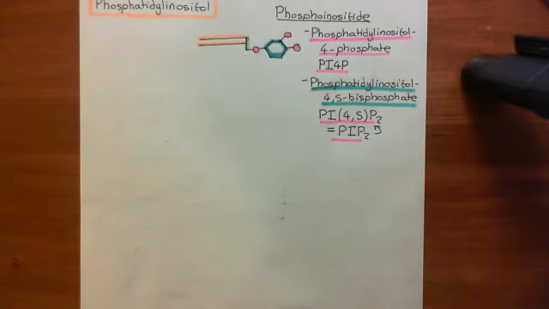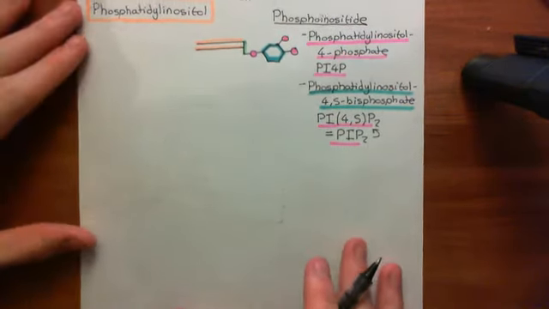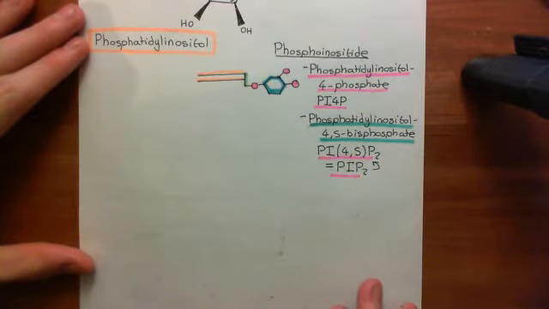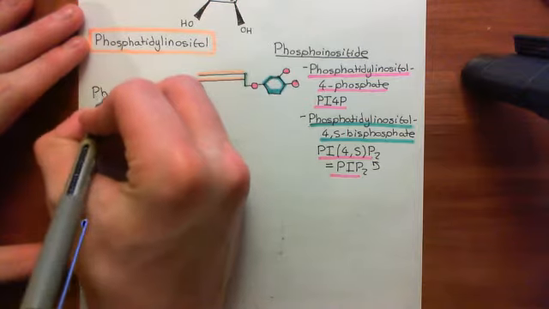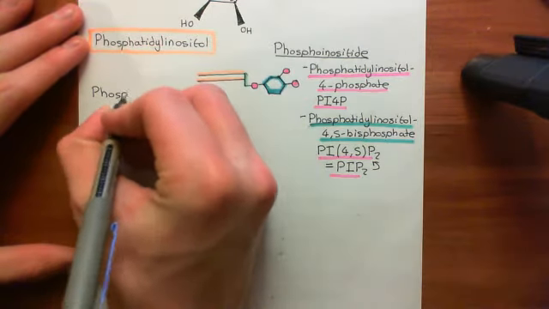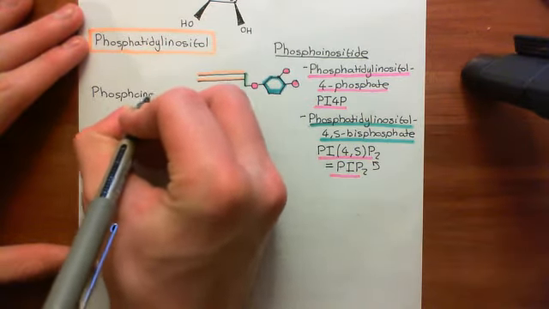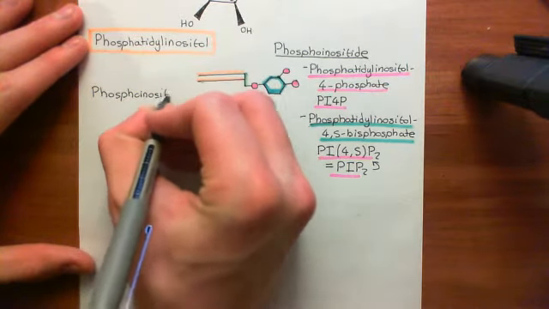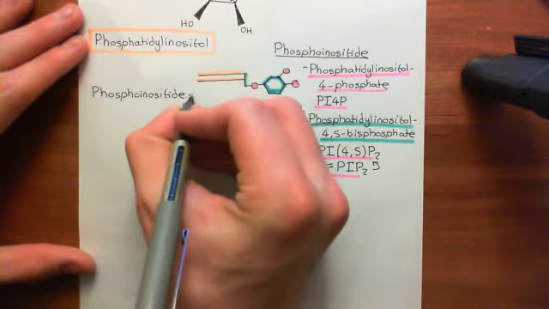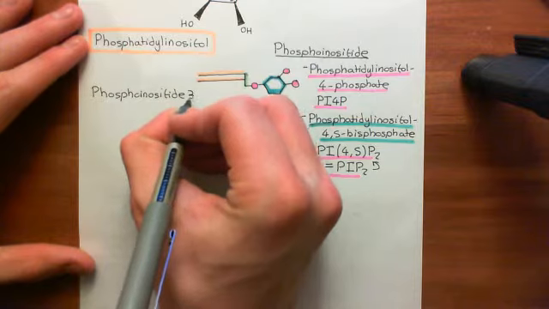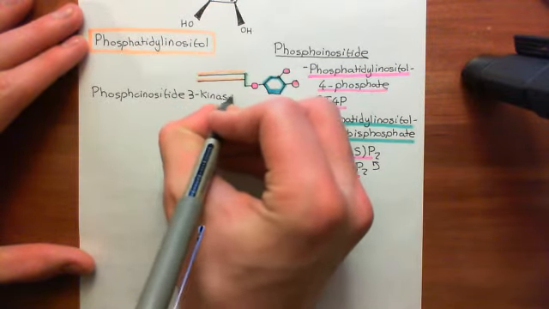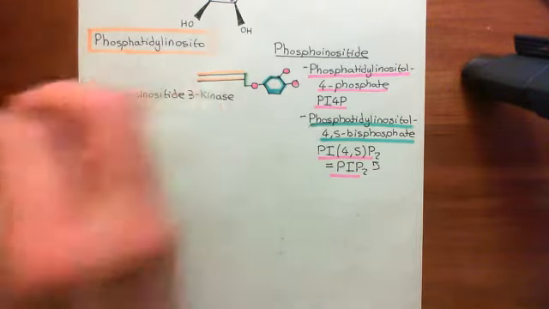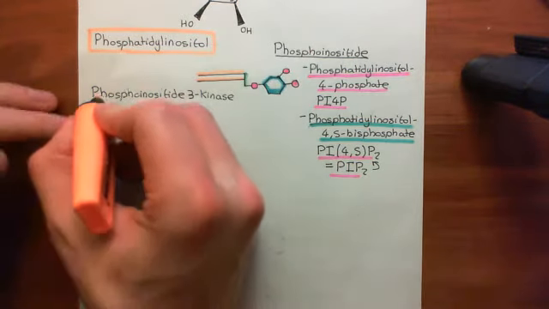Right, so we're now in a position to discuss the 3 different types of phosphoinositide 3-Kinase enzymes. So the clue is in the name. These are enzymes which are going to phosphorylate phosphoinositides on the 3rd carbon of the inositol ring, basically.